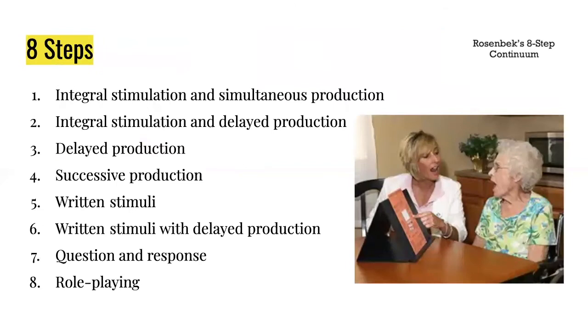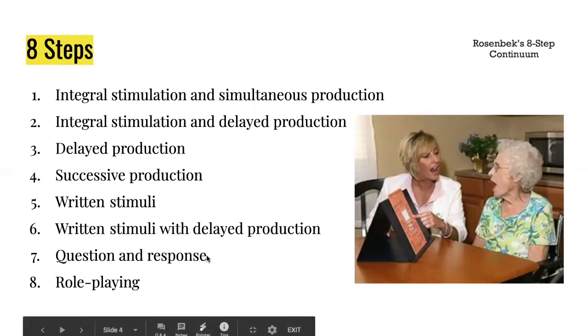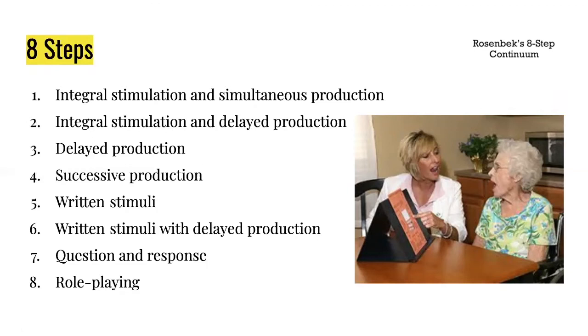The 8 steps. The first step uses integral stimulation and simultaneous production, so the clinician provides auditory and visual cues as they say the target together. The second step includes integral stimulation and delayed production. Using integral stimulation and delayed production, the clinician fades the auditory cues while miming the word or utterance as the client produces the target.